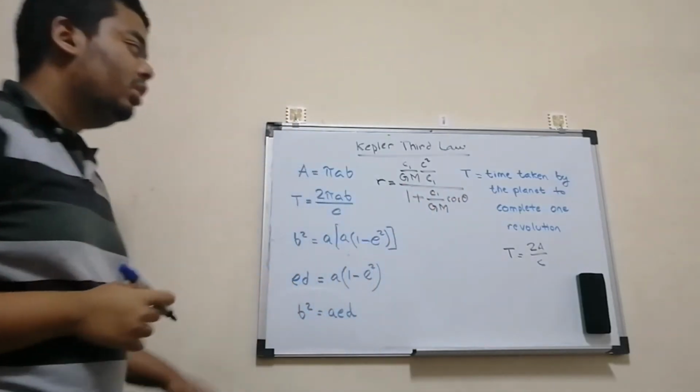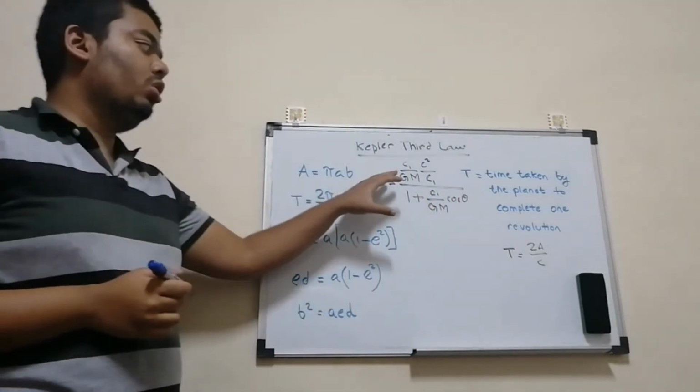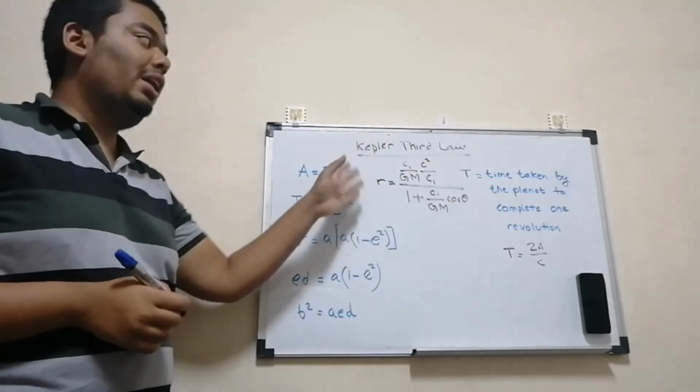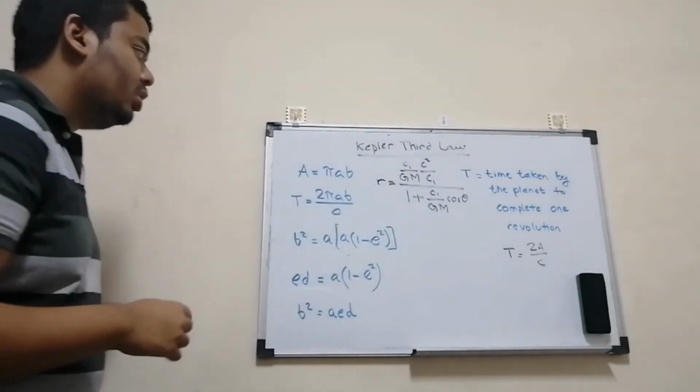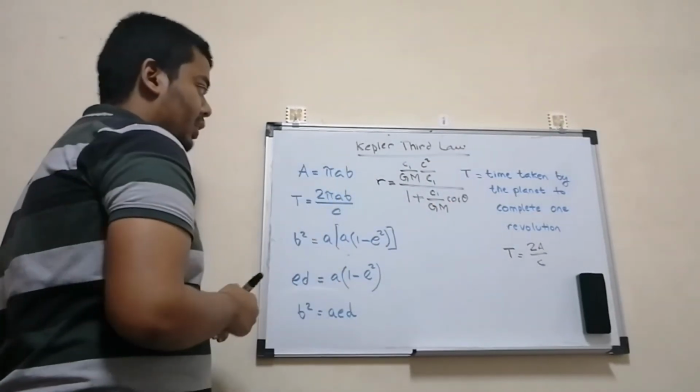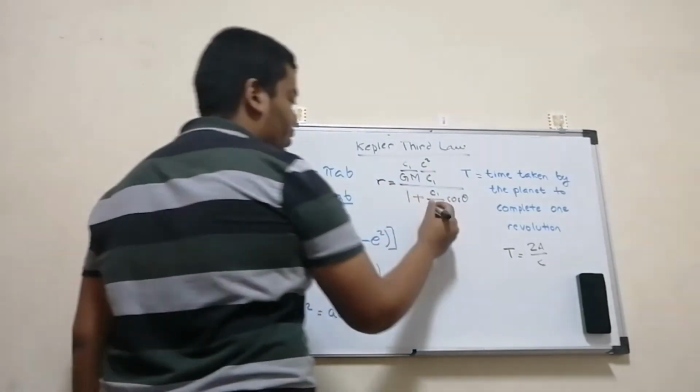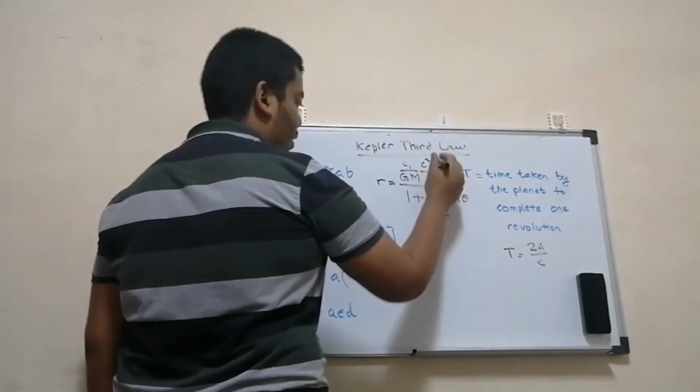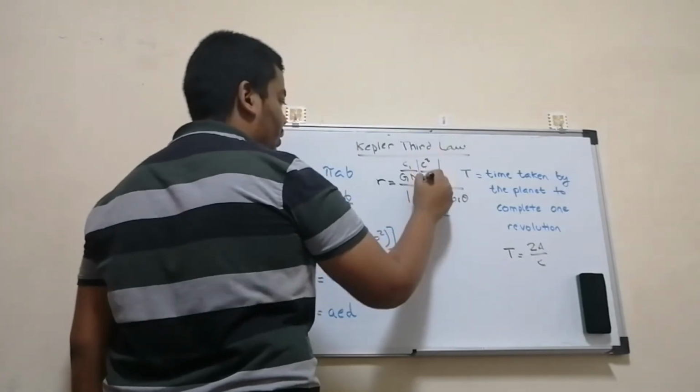So if you remember, from this equation of the motion of a planet, the ellipse of the planet is given by this equation. So from here we can write that this is the eccentricity, this is the e, and this is the d right there.